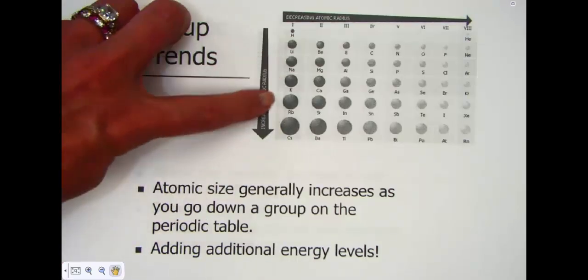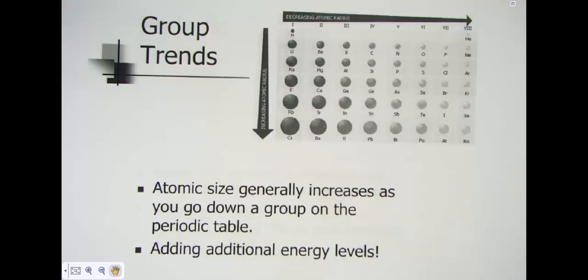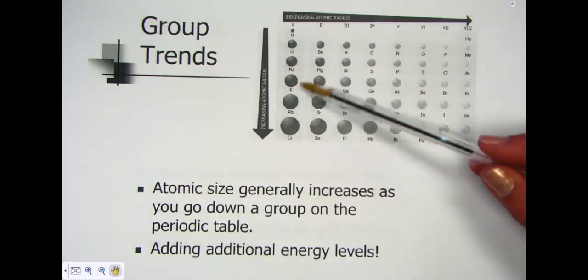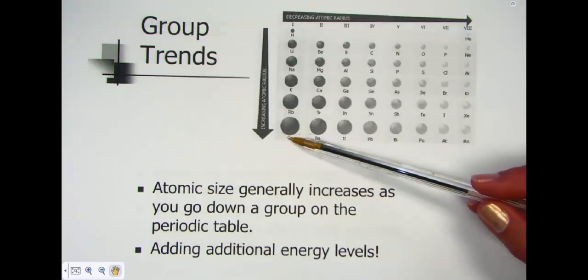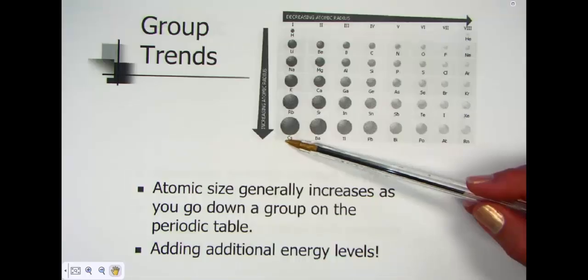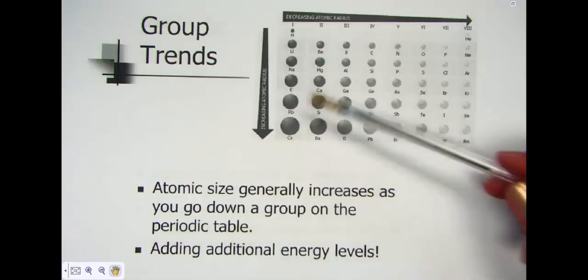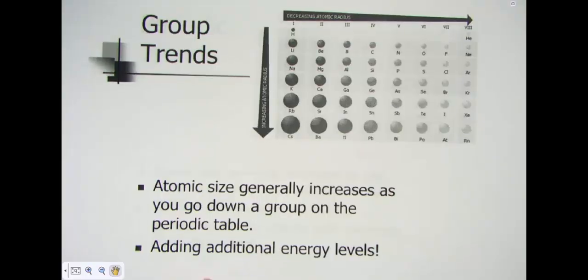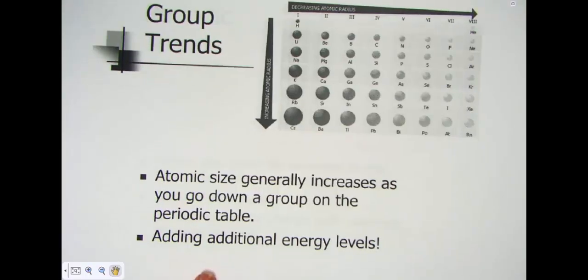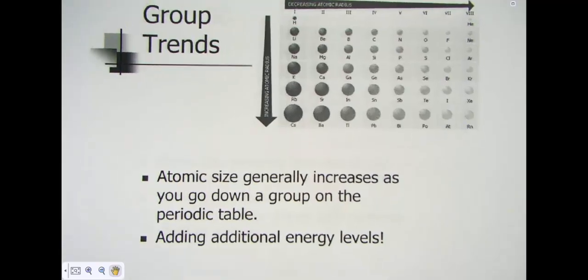Each time we add an additional energy level, we've created a larger atom. Atoms get bigger as you go down a column. That's an atomic radii trend. Why? Be sure you add that in your notes. They get larger because you're adding additional energy levels.